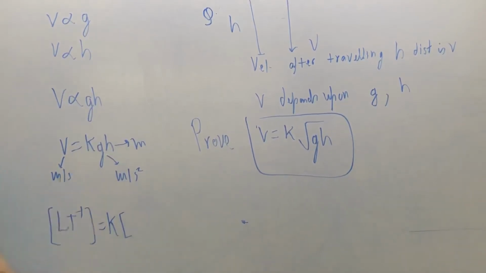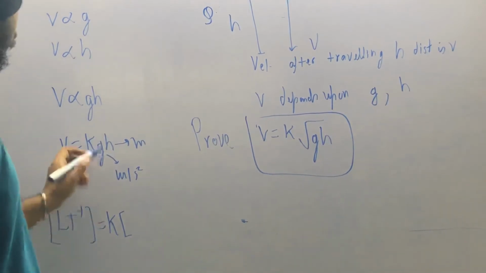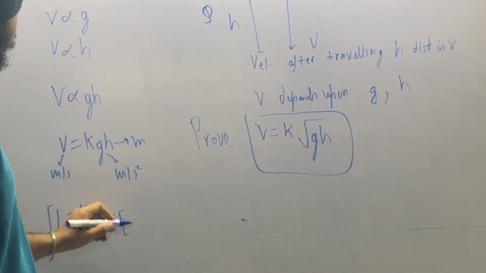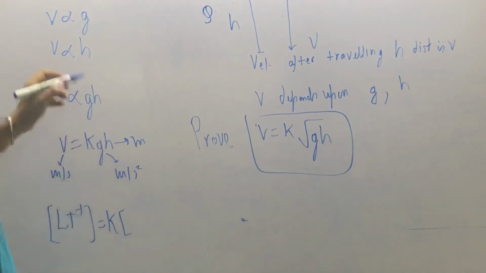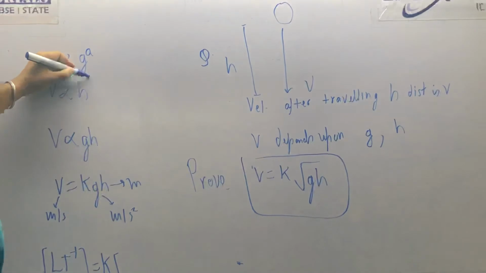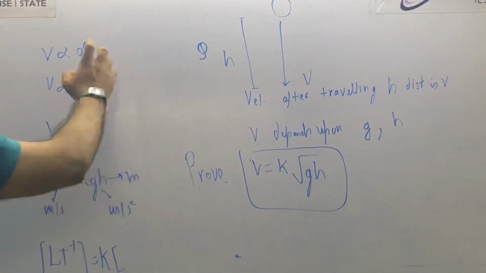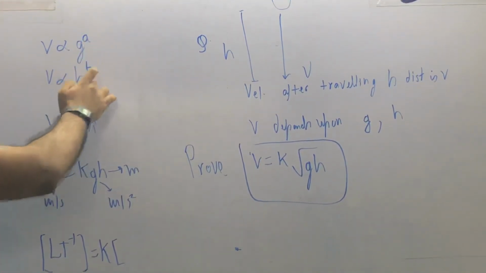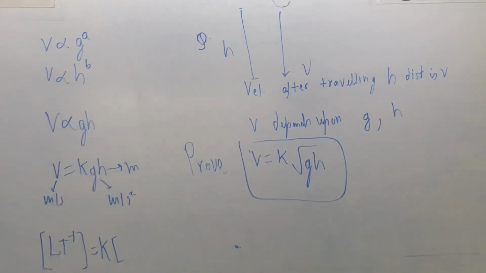Now we don't know to what power it is being raised. So we will write g raised to the power a, h raised to the power b, because they have only given that it depends upon g and h. They have not given to what power it depends.